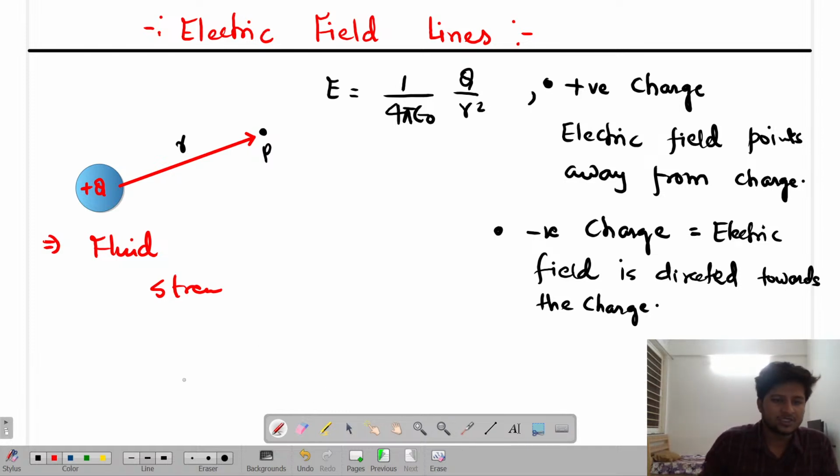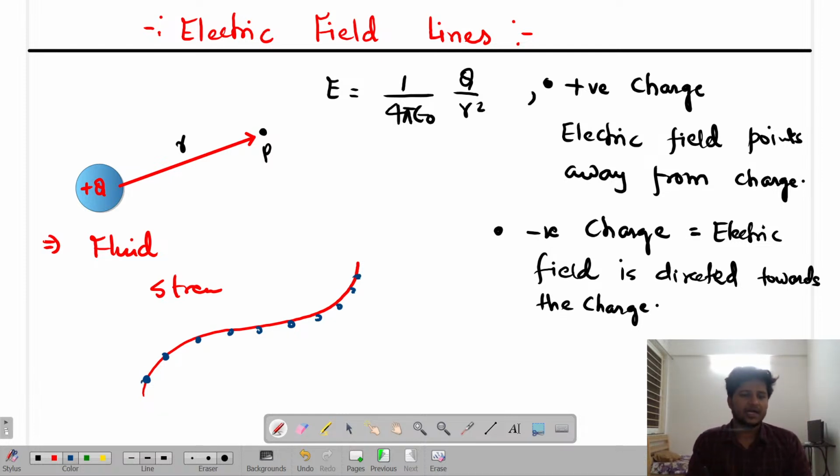And what we said about streamline flow is that it is a particular kind of line which particles follow to move inside the fluid. At every point, if we generate tangents and connect them, whatever line we get, we call that a streamline, which the liquid was following to travel, isn't it?